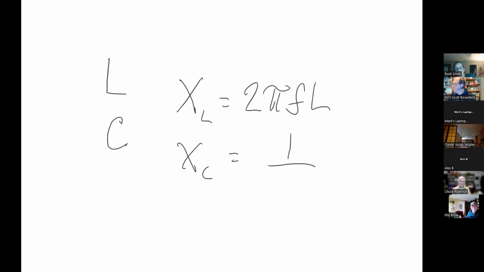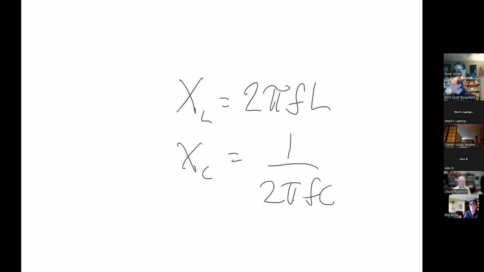We'll use the letter X instead of Z. So XL and XC. You don't have to remember this. XL is 2 pi FL, and XC is 1 over 2 pi FC. So these are basically the impedances of these things.